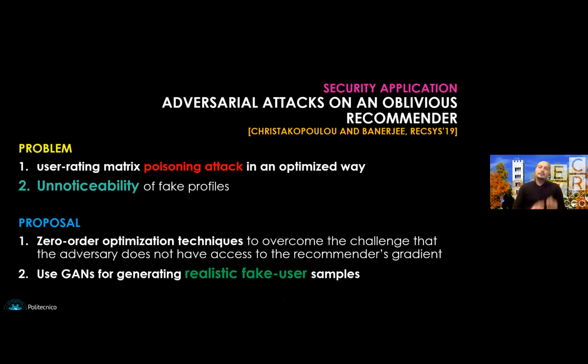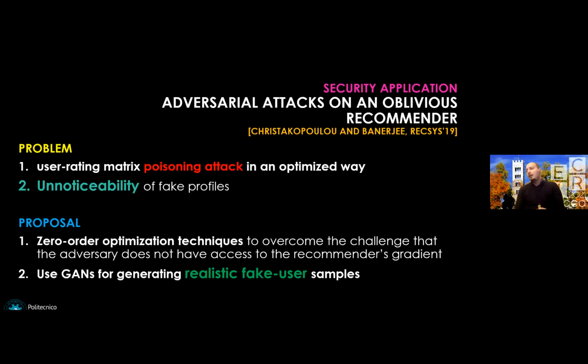Here, the goal of the generator is to produce fake profiles that could degrade the top-k recommendation performance. And moreover, the authors are able to hide these fake profiles because they preserve the proximity between the user-item interaction distribution in the real data and the user-item interaction distribution in the generated profiles.